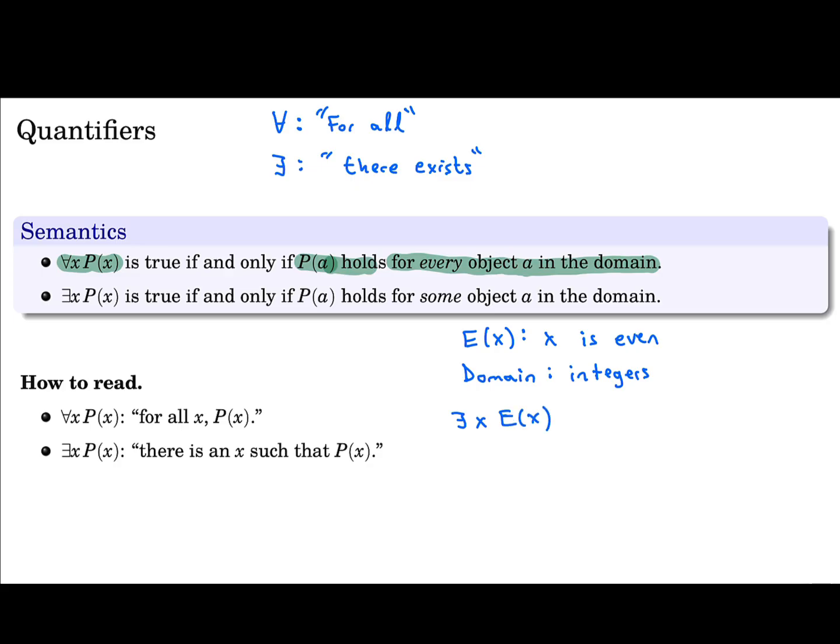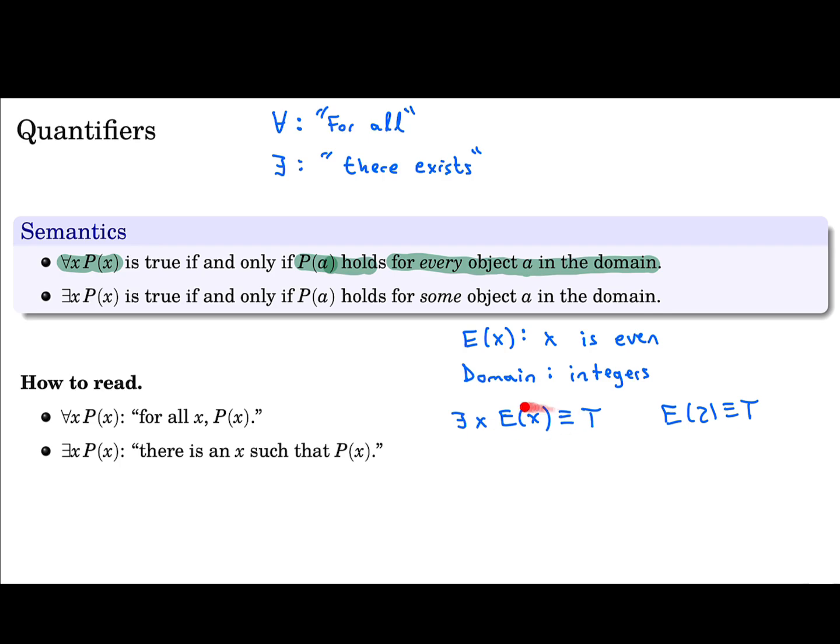So this will be true. Why? Because E of 2 is true, and since there exists an integer such that E of x is true, then there exists an integer such that it's true.